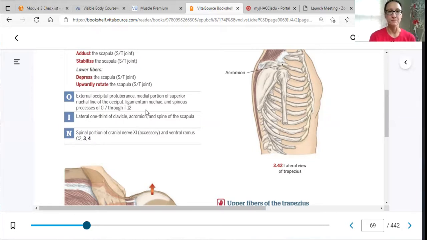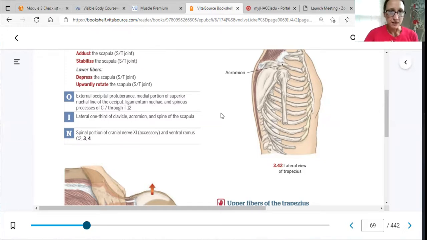That's a mouthful. Okay, so we really have 4 origins of trapezius. If you are listing them, make sure you have 4 bullets. If you're a visual learner, bullets really help. Okay, so that's the origin.